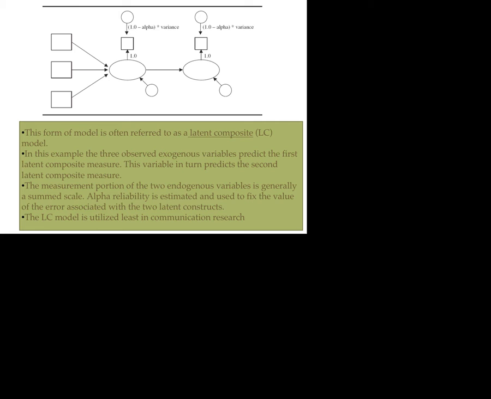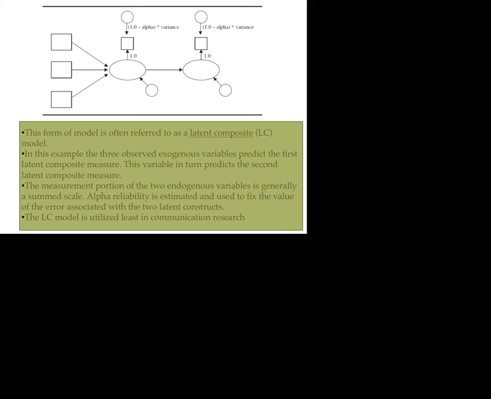So very similar, other than in this case these are ovals and not rectangles, so they're not observed variables. What they are is a composite. That's why we call it latent composite. It would be a composite that takes several items and makes a composite.